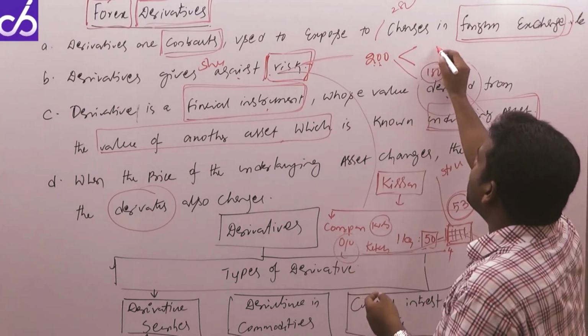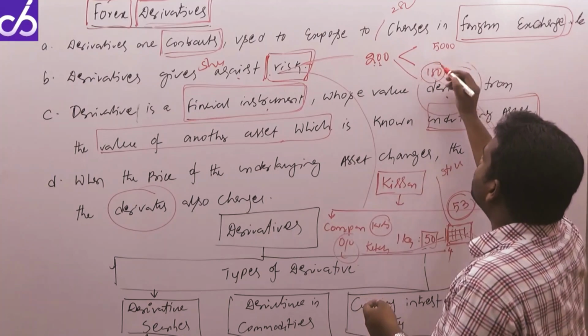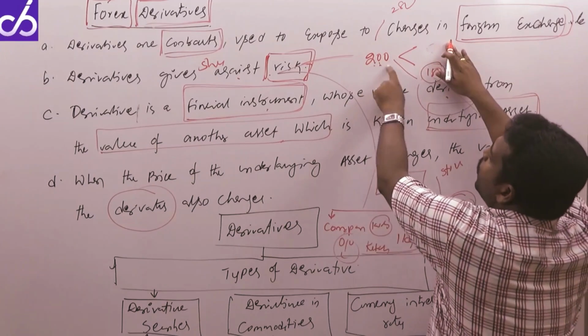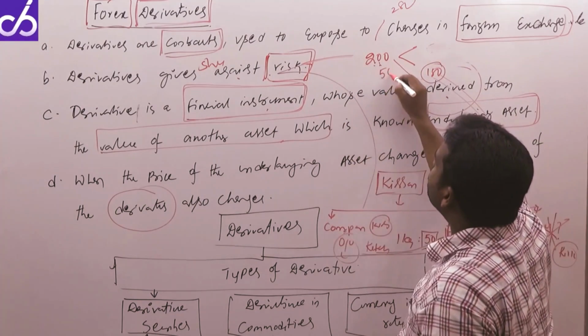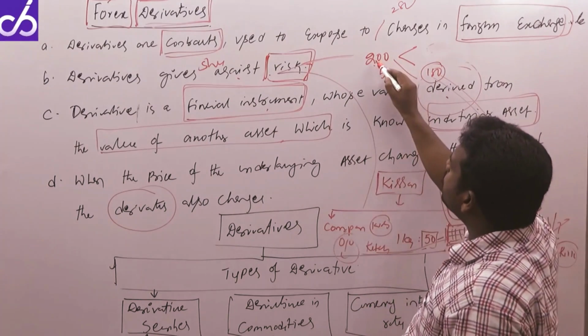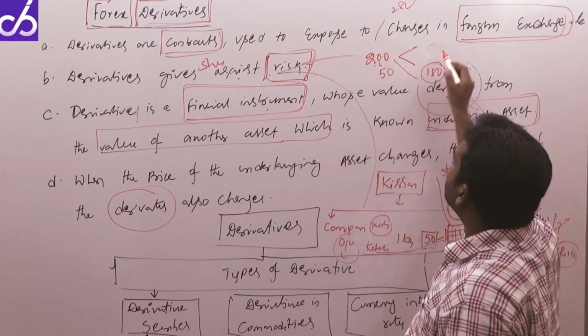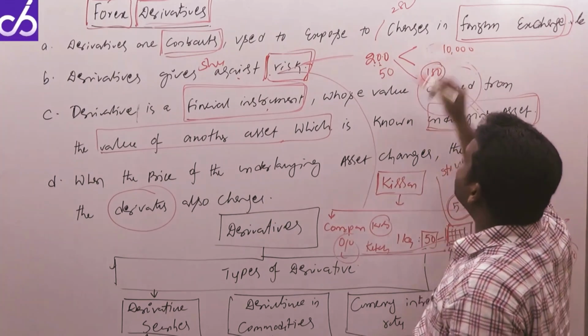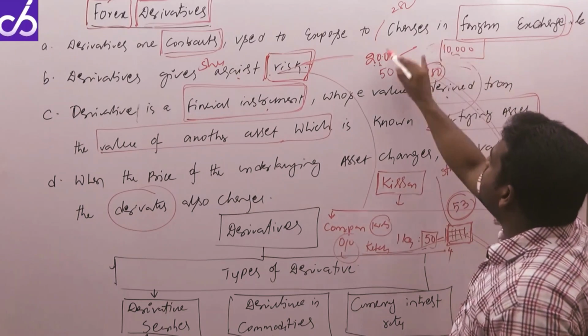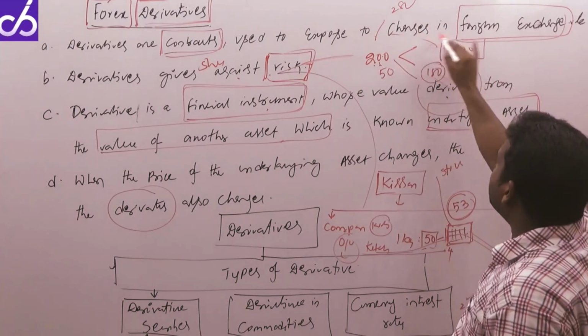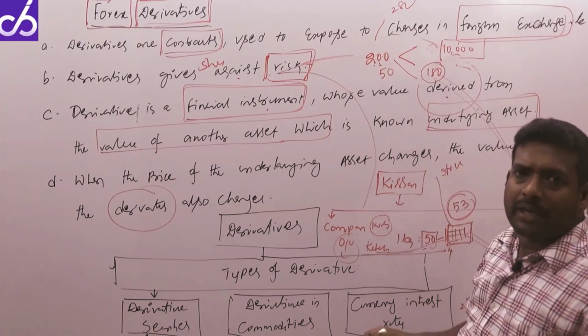Suppose we both contributed 5,000 rupees. Let us take 200 for the shares, one share is 1 rupee. I made a declaration with 50 shares. 50 shares means 200 into 50, which means it comes to 10,000. So for this 10,000, one party contributed 5,000 and the other contributed 5,000.